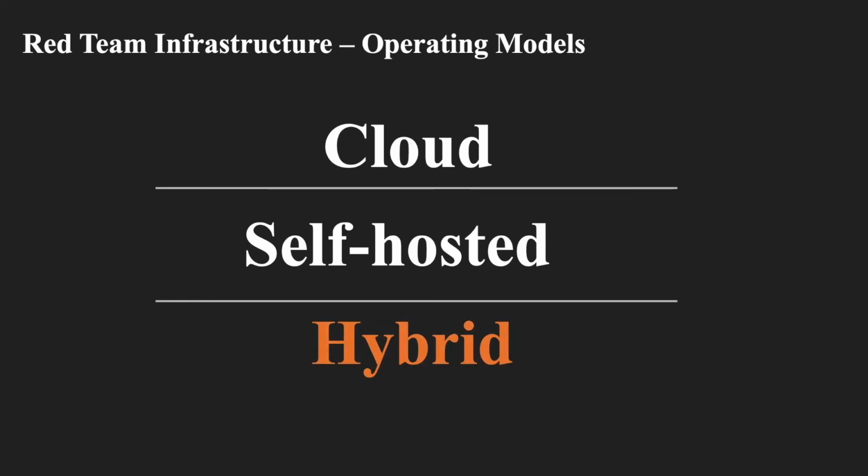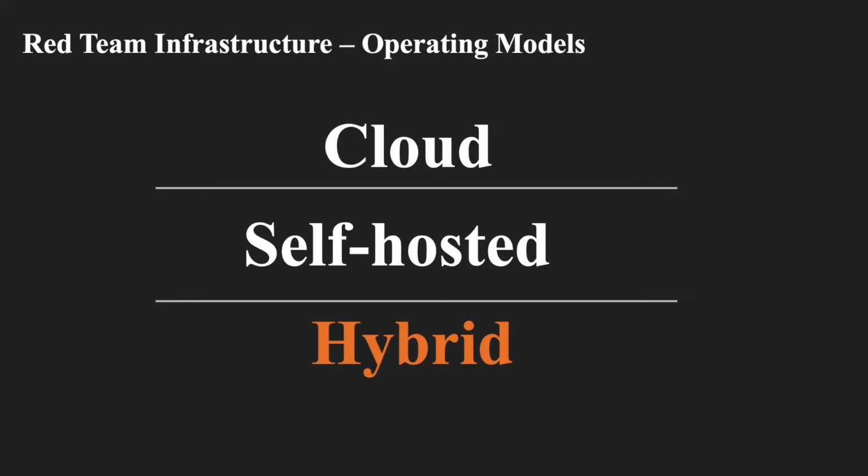When we're designing the infrastructure prior to starting the operation, we have to choose the model that we want to operate under. In essence, there are three different models to choose from. One being the fully cloud model, where everything related to the infrastructure of our operation is online on cloud servers.